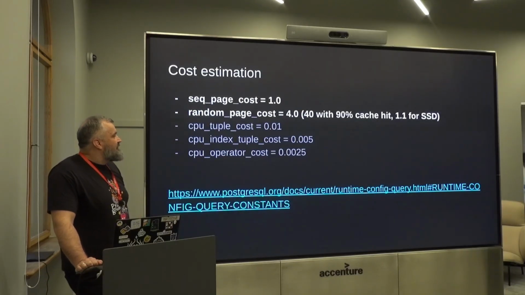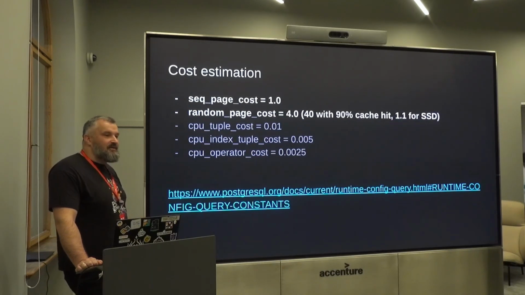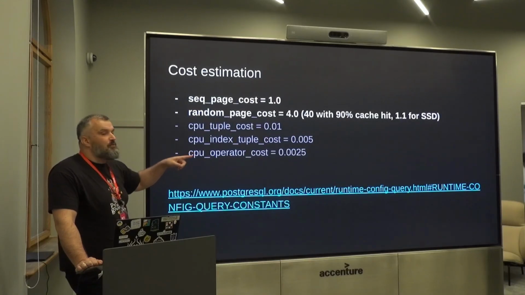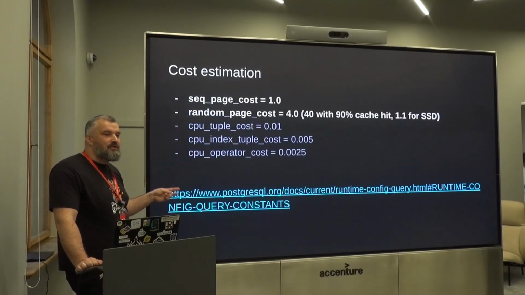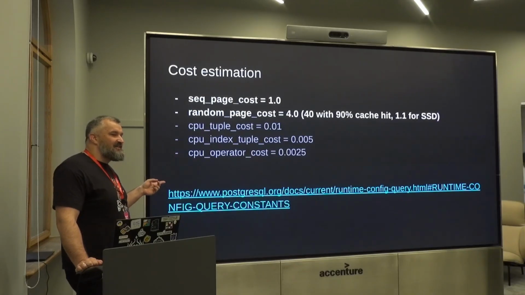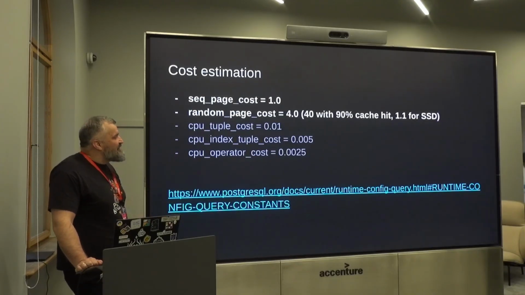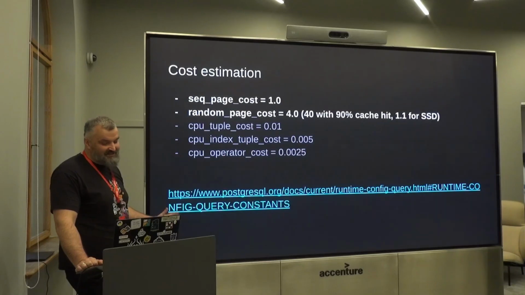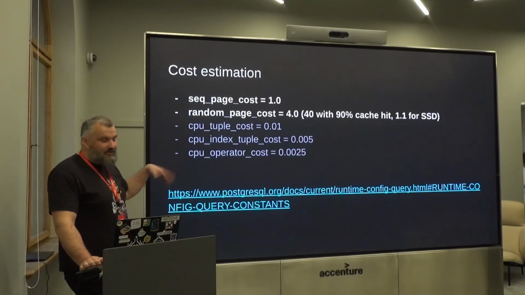I know that Alibaba Cloud has this random page cost set to 1.1, but for others like Google, AWS, and Microsoft, it's still 4. So it's a bit strange: it was the same value for spinning disks, and now it's the same value in the cloud. Either they do not mean anything at all or something is wrong.